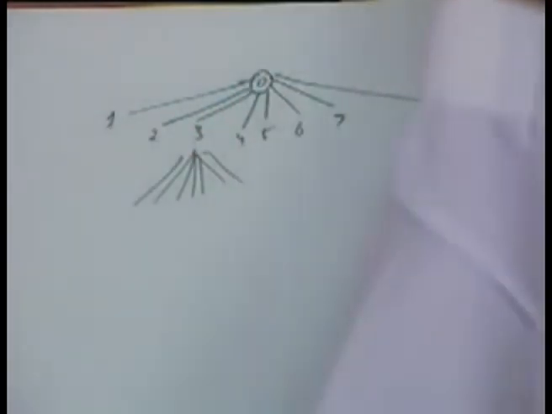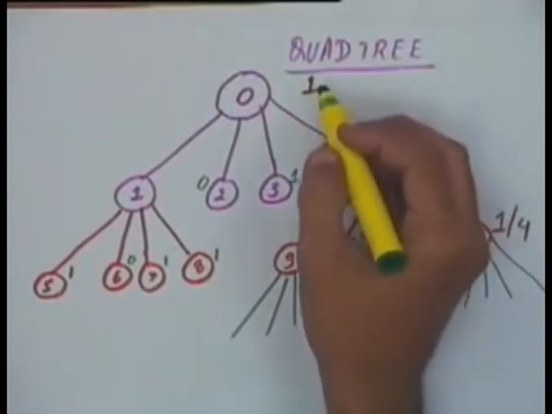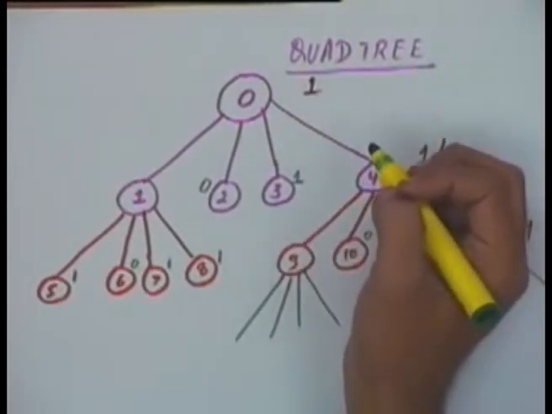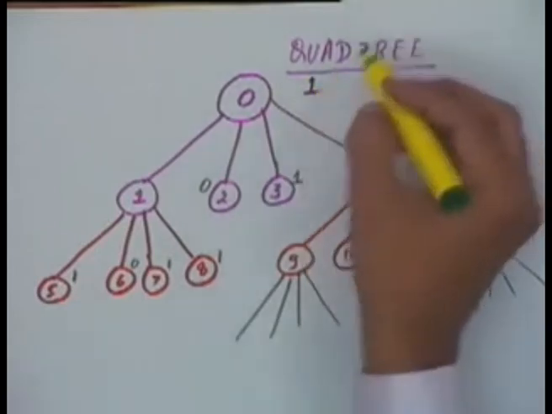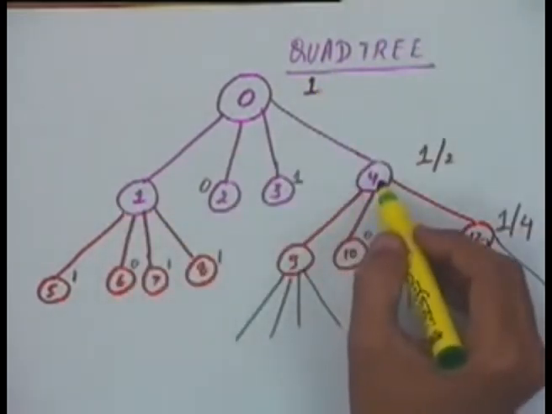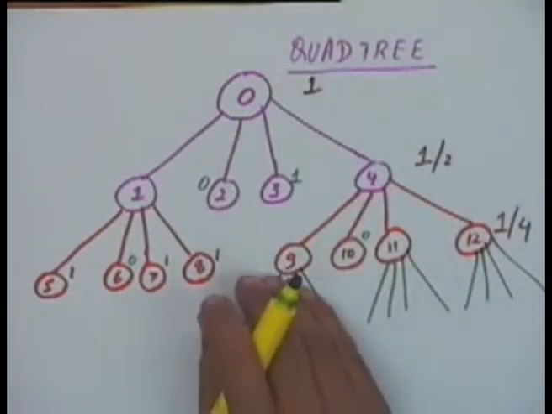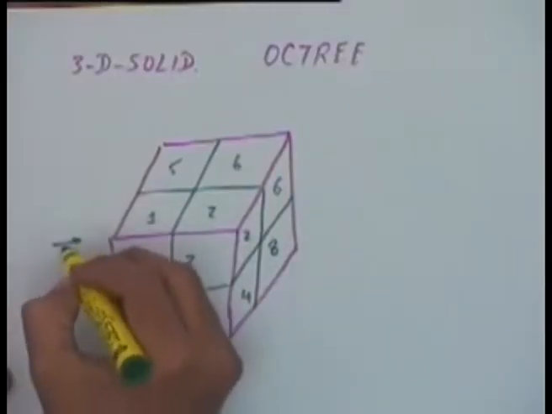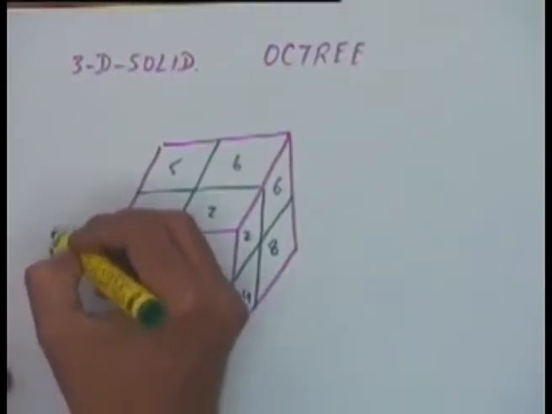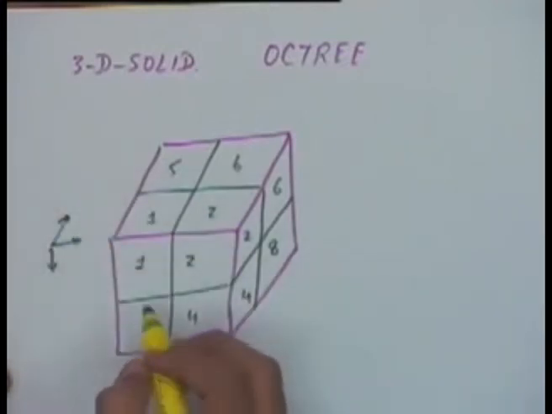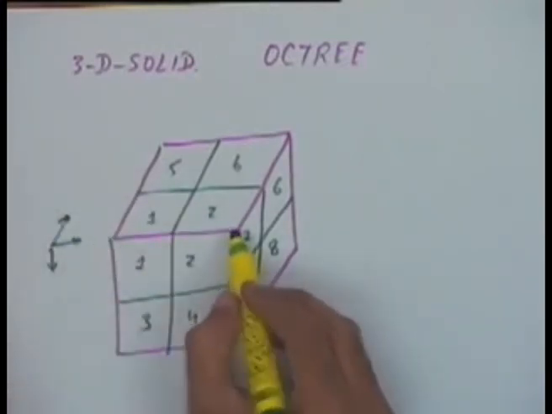Okay, so this is a simple extension of quad trees into a 3-dimensional space. In 2 dimensions we had 4 children for every node, in 3 dimensions we will have 8 children. Essentially what we are doing is in every dimension, in the x direction, let us say this is the y direction and the z direction, we are dividing the unit length into 2 portions.